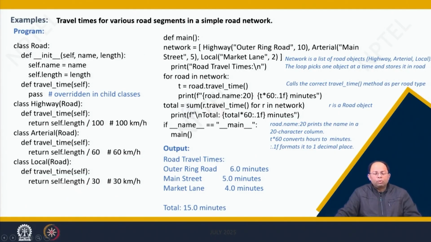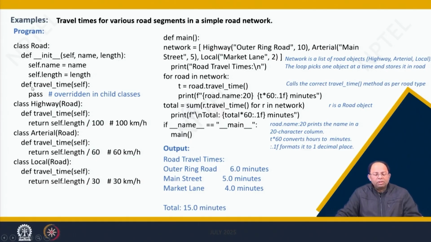Now in the road class, I'm not only showing you polymorphism, but this is where inheritance is happening. First I have a parent class called road, and I'm initializing it with 2 variables, name and length. So self.name, self.length: these 2 arguments need to be passed.